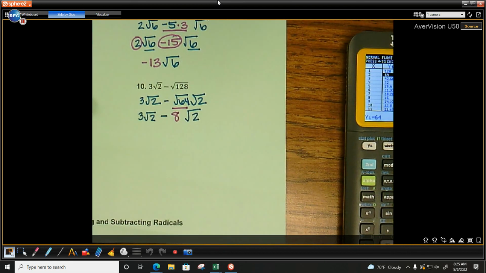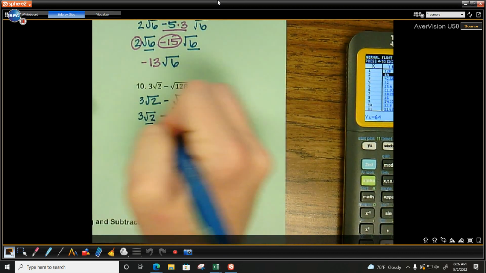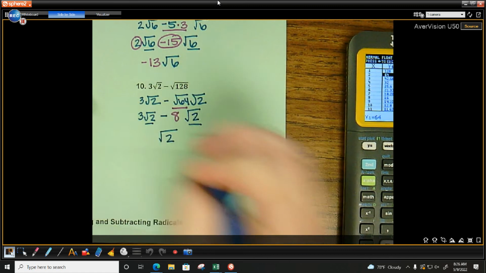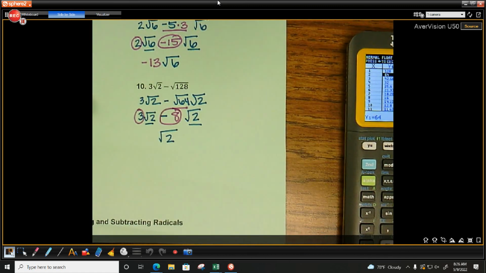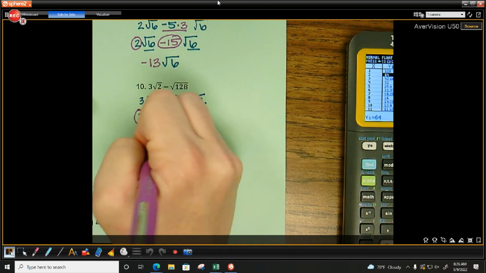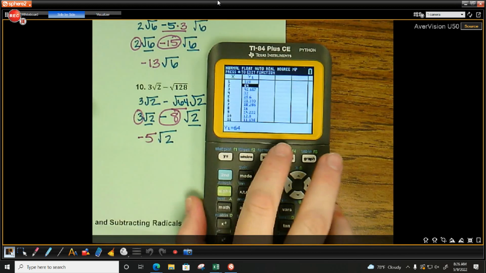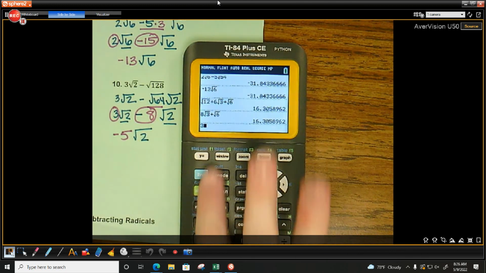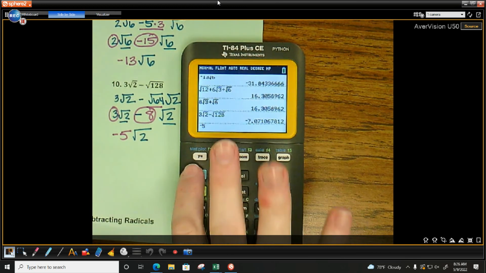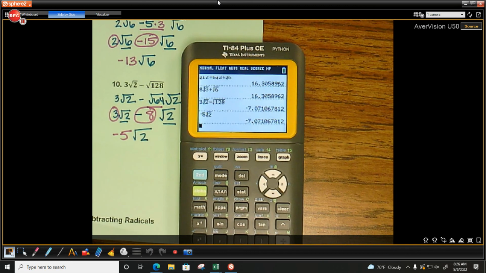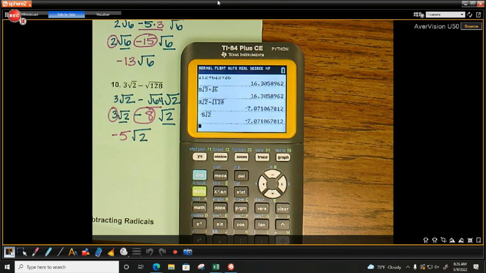Yes, square root 2, square root 2, square root 2. 3 minus 8 is negative 5. Type it in your calculator to check. 3 square root 2 minus square root 128, and then negative 5 square root 2. Do they match? Yes. Okay, we good? So we are done with our notes for today.